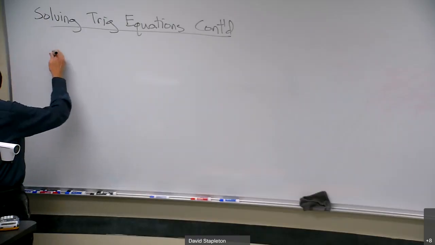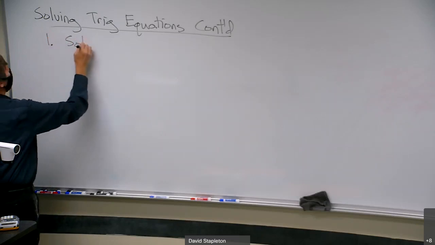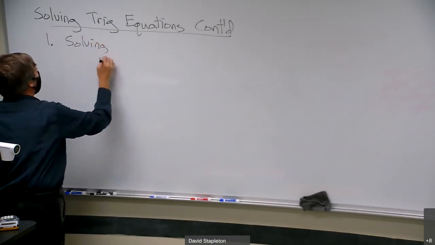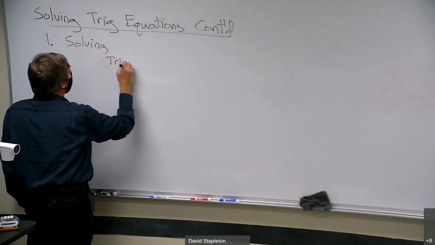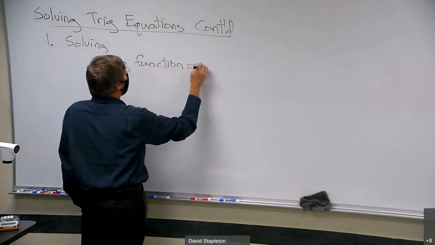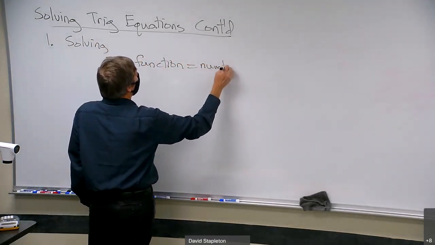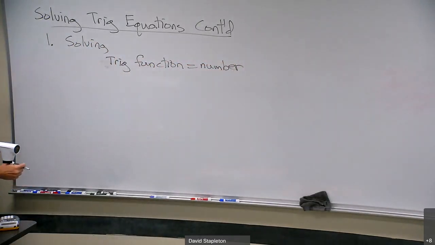So we said this builds, and it begins with solving equations of the form trig function equal a number. First thing we want to be able to do is that.